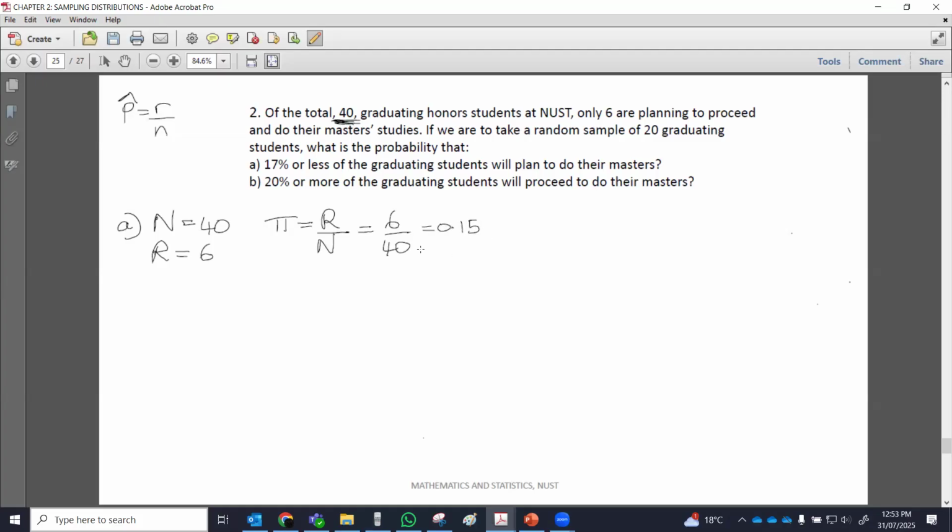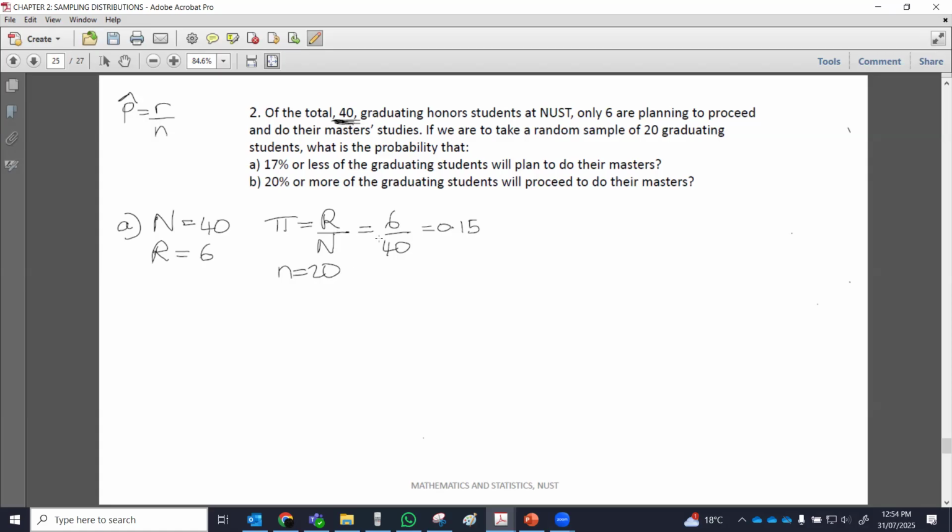Okay, so now we have our pi. Then it says if we are to take a random sample of 20 graduating students, this means that our n, small n, is going to be equal to 20. So n is equal to 20.